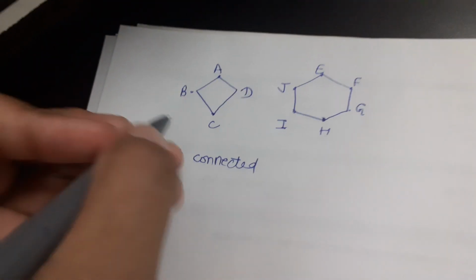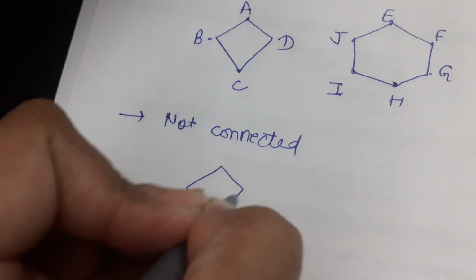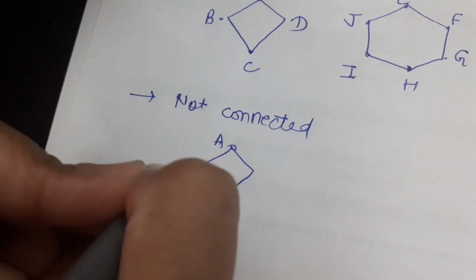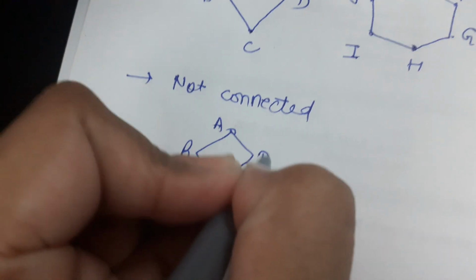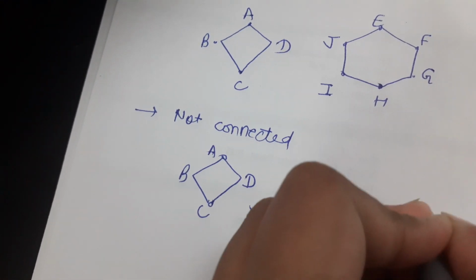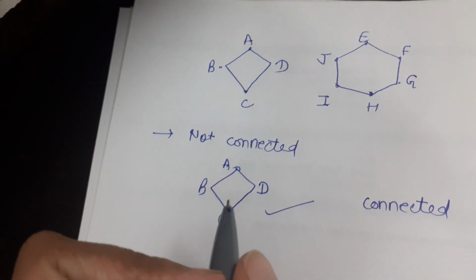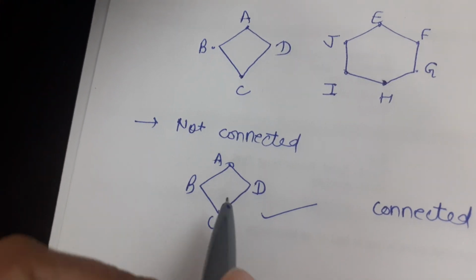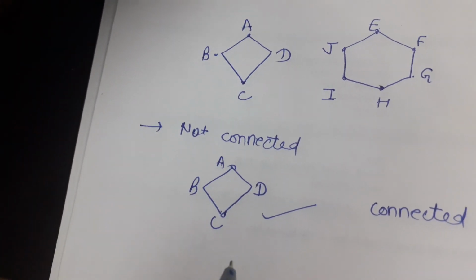So, if you look at this, A, B, C, and this is a connected component, since we do not have any connected subgraph which contains it.